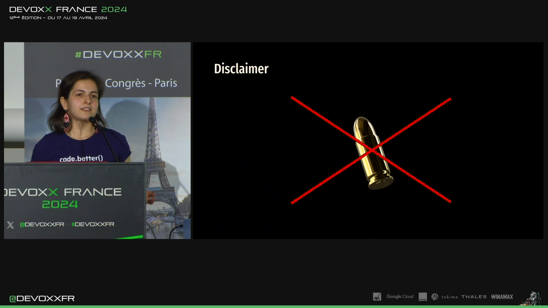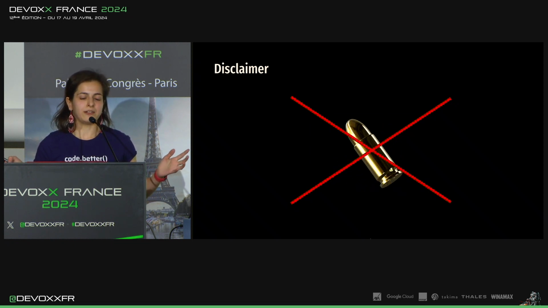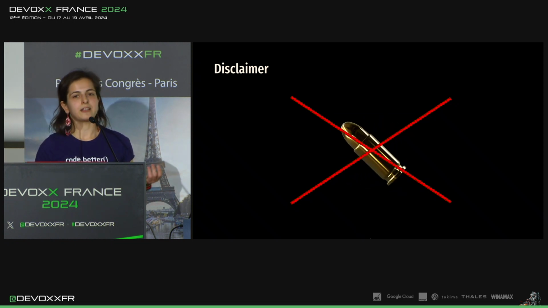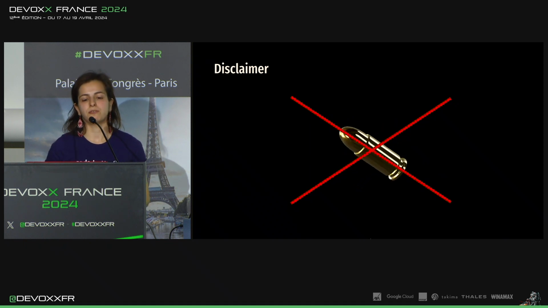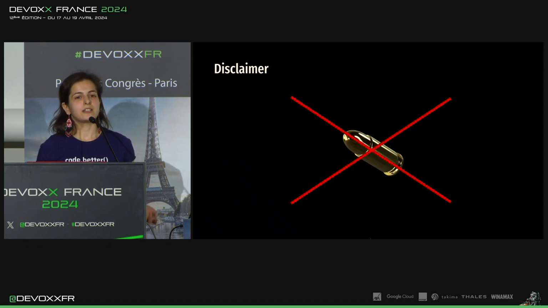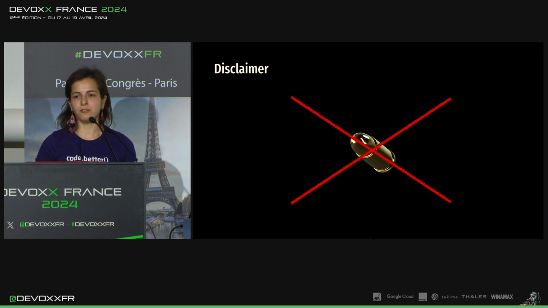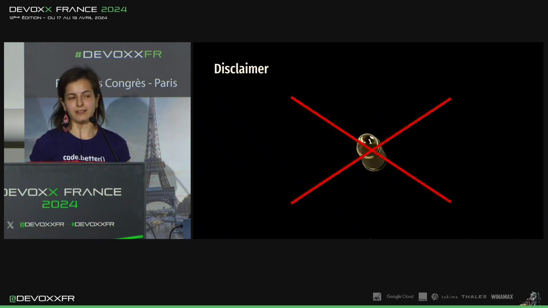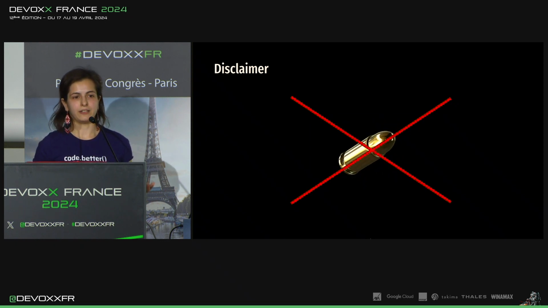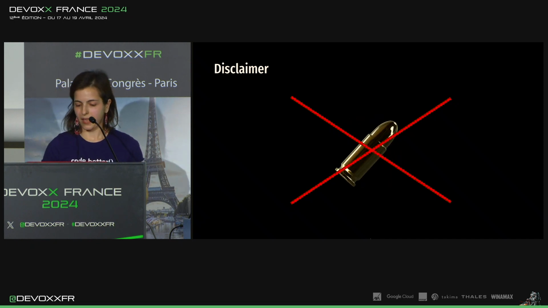And another disclaimer is that there is no single silver bullet. Every time you face a problem with your memory usage, you face a memory leak, you have to debug it, you have to understand it, you have to look into the code and fix it the way it's supposed to be fixed. So it requires some understanding of your code base, and I cannot give you the exact recipe, but I can give you some hints.